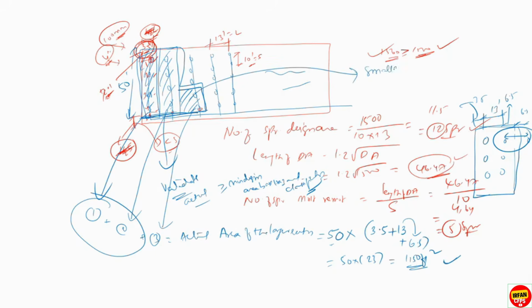Now I consider the small rectangle area. Here you see 1, 2. This is the small rectangle area, right? 1, 2, 3, 4, 5. Okay, so I'll just try to draw. This small rectangle area you need to calculate, right?